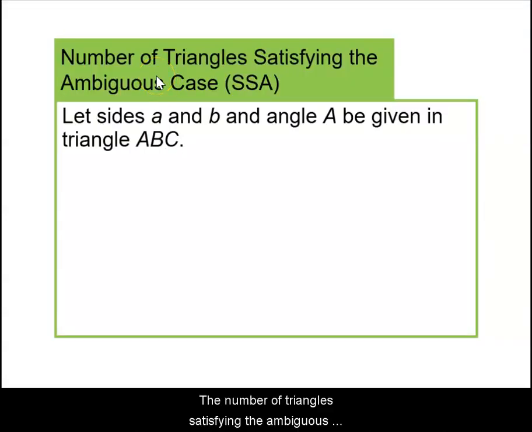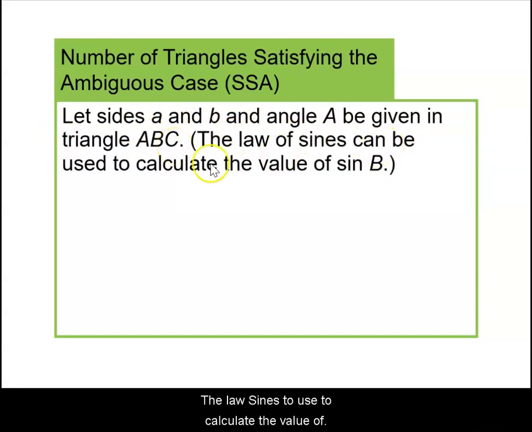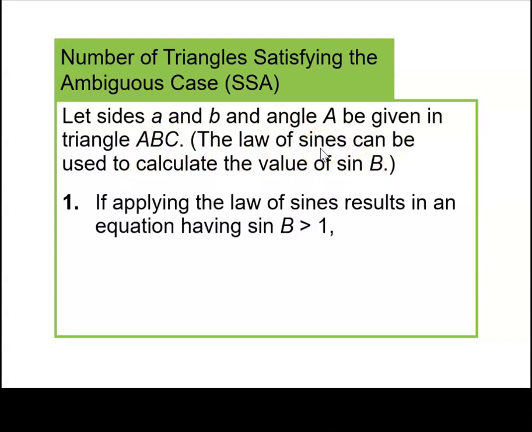The number of triangles satisfying the ambiguous case, side-side-angle. Let side A and side B and angle A be given in triangle ABC. The law of sines can be used to calculate the value of sine B, as we've seen, right? If applying the law of sines results in an equation having sine of B larger than 1, there are 0 cases.